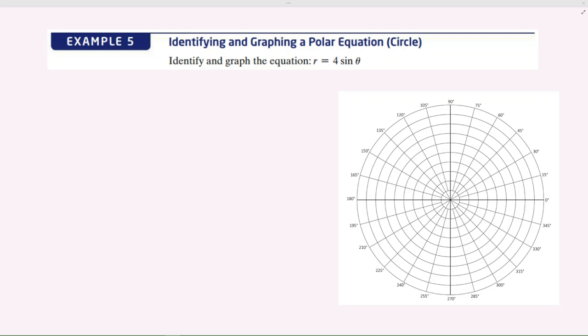Okay, so now we're going to use these equivalencies to help us figure out the rectangular equation that corresponds to this polar equation. So one equivalency that we have is r squared is equal to x squared plus y squared. And we also know that x is equal to r times the cosine of theta, and y is equal to r times the sine of theta.